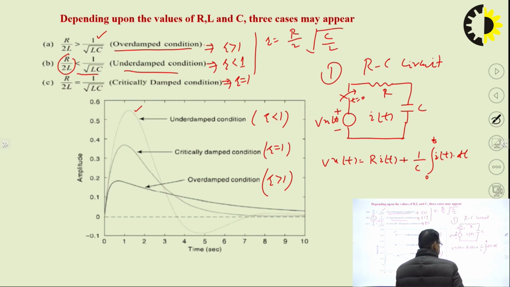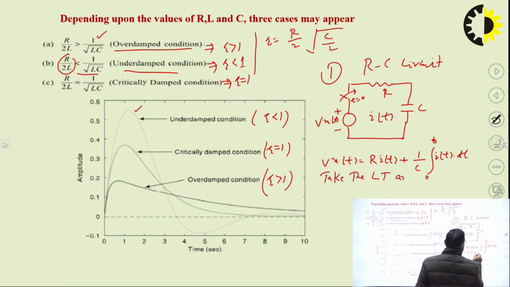Now take the Laplace transform and equate initial conditions to 0.